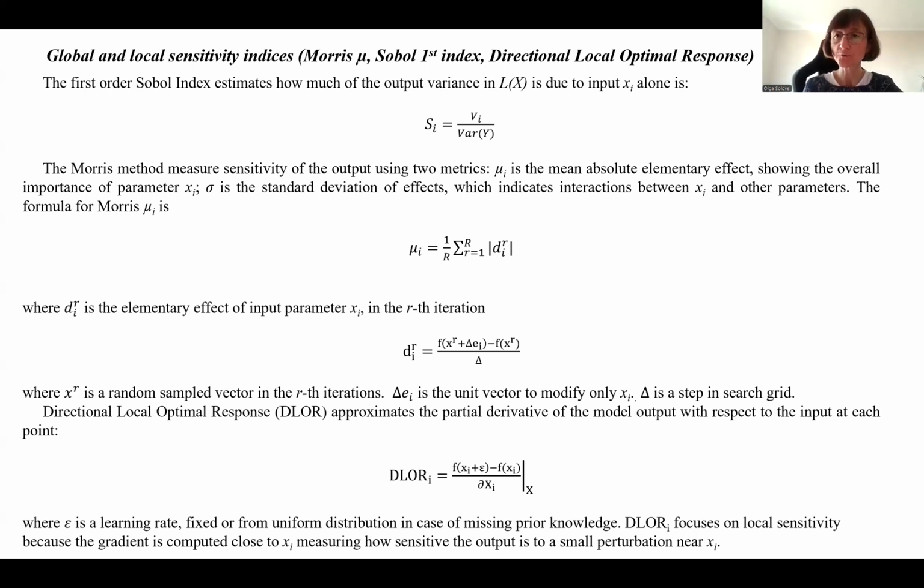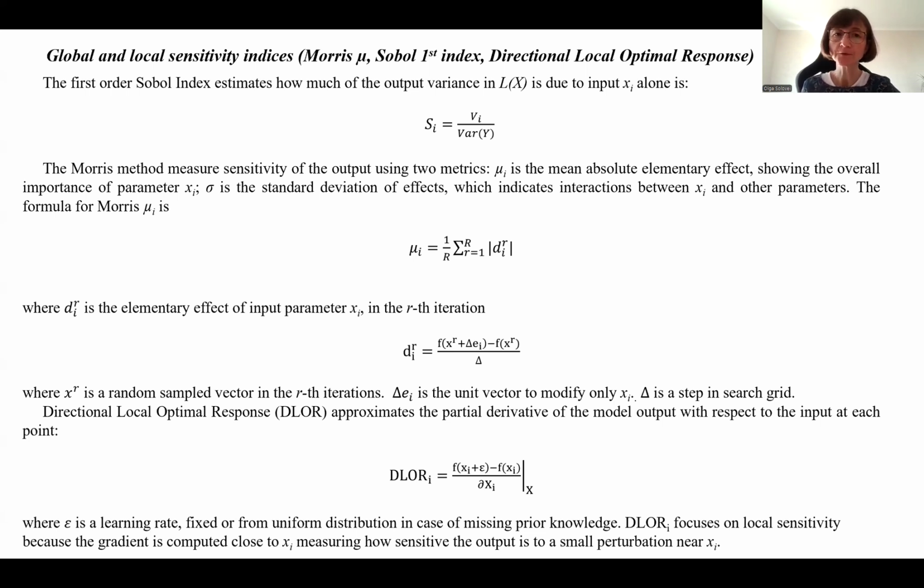To formalize our model, we consider the global and local sensitivity indexes. Here is the first-order Sobol index, which estimates how much of the output variance is due to the input of a single parameter.